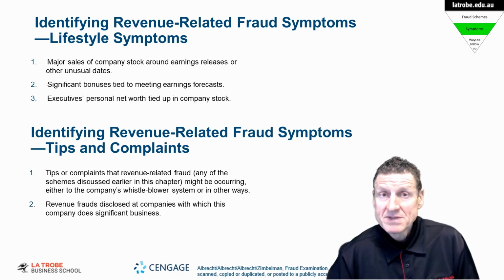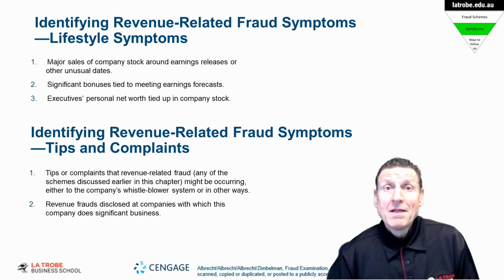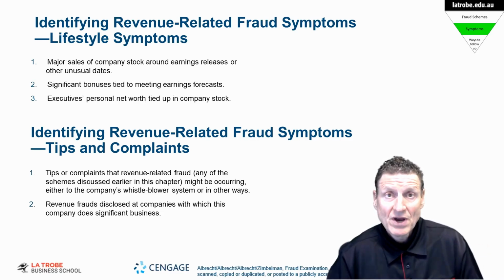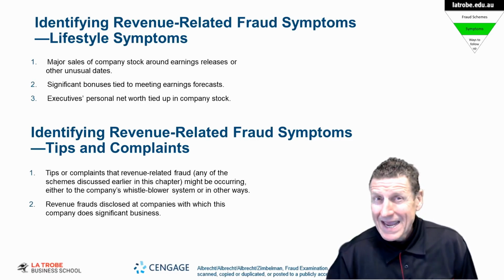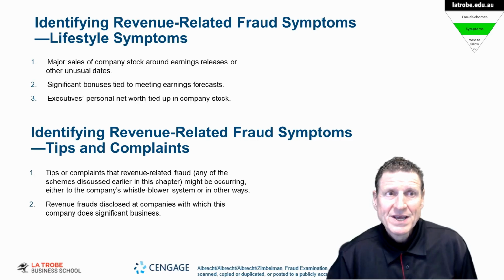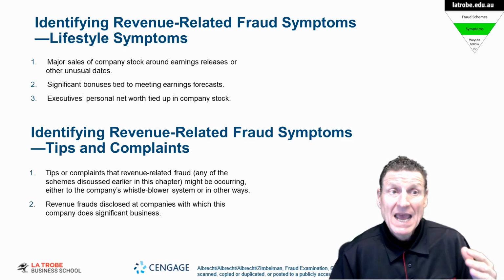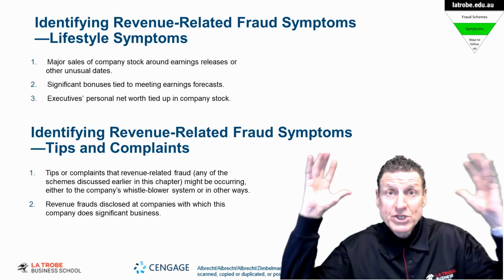And lifestyle symptoms, as I said, senior management must already have a good lifestyle, so it's going to be hard to find stuff. Unless there's something out of the ordinary, like significant bonuses or executives' net personal worth tied up in the company stock by a huge amount.